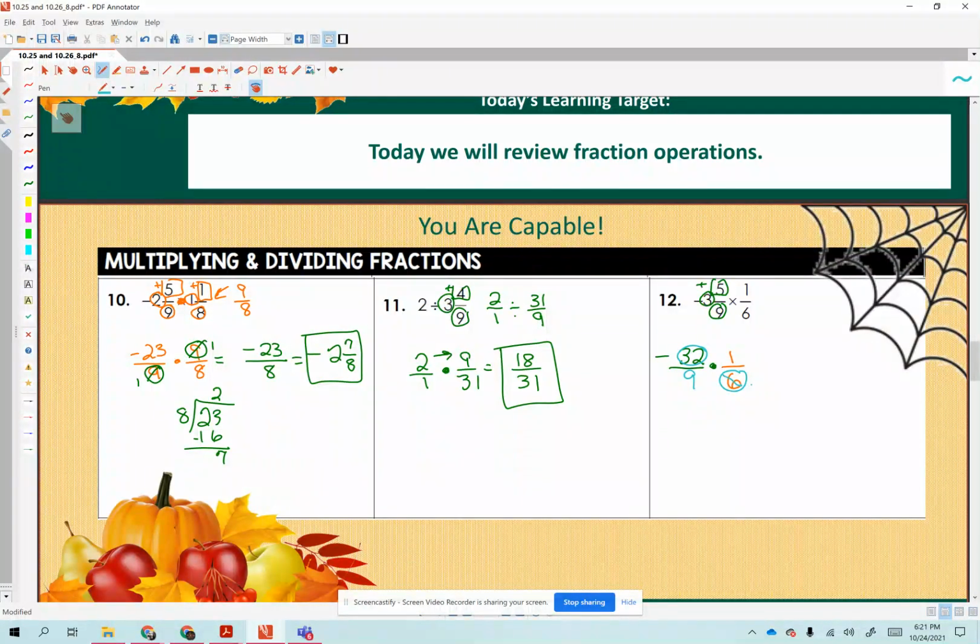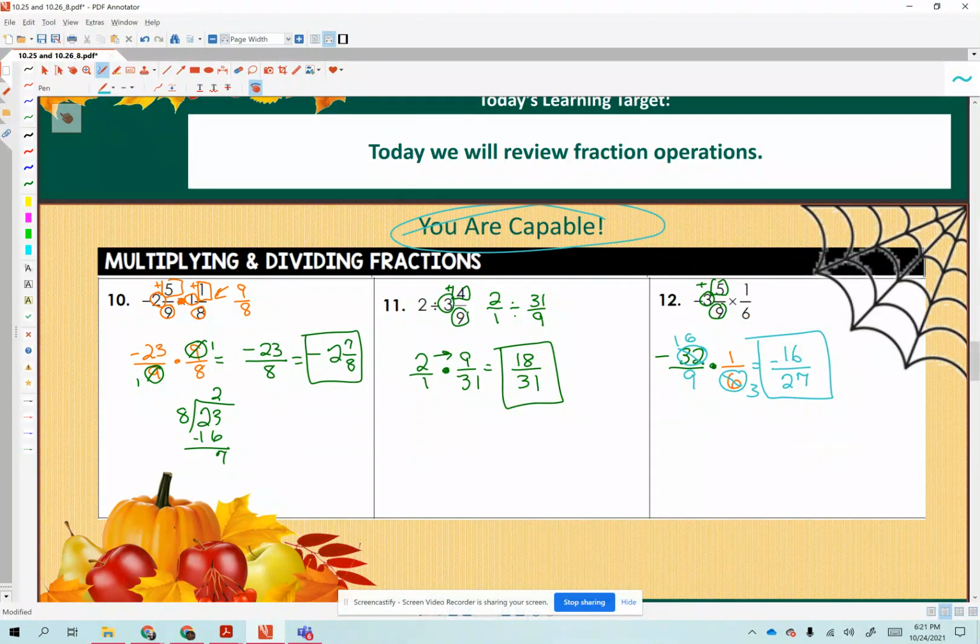Okay, so 6 divided by 2 is 3. And 32 divided by 2 is 16. So now we multiply across. 16 times 1 is 16, and that's a negative times a positive, so it's negative. And 9 times 3 is 27. And that cannot be simplified, so that's our final answer.